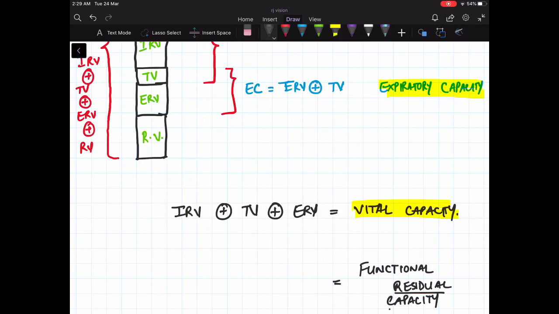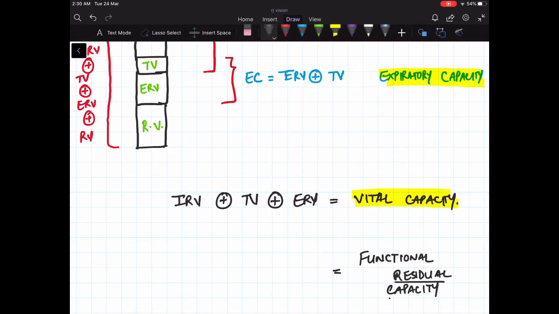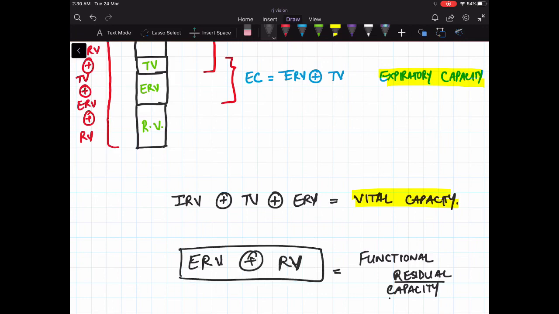functional residual capacity. Now remember, how much air do we need for normal breathing? Tidal volume, 500 ml. If I am doing 500 ml inspiration and 500 ml expiration, then at the end of this 500 ml inspiration and expiration, how much volume remains inside the lung? Tell me. It is ERV plus RV.